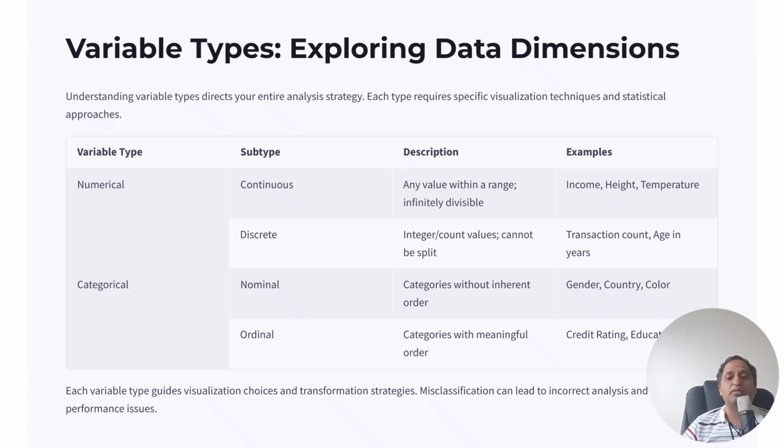Misclassifying even a single column, like treating an ordinal feature as nominal, can significantly impact your model performance and interpretation. That's why spending time upfront to classify variable types accurately and intentionally is a core part of our EDA process.